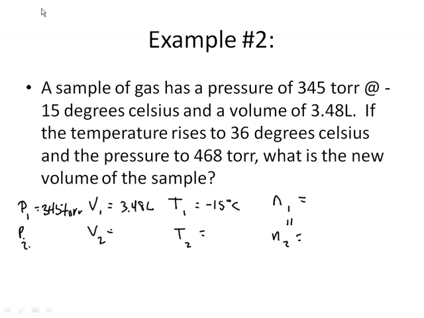Then, if the temperature rises to 36 degrees Celsius and the pressure to 468 torr, what is the new volume of the sample? So now we have a new set of conditions on the same gas. The pressure is 468 torr. The volume, we don't know. We've been asked to find. And the new temperature is 36 degrees Celsius.